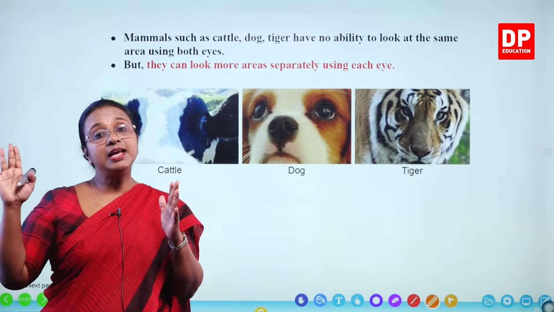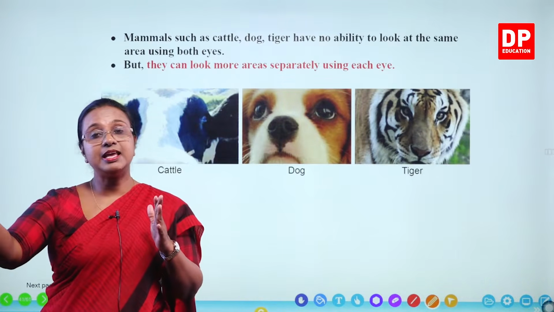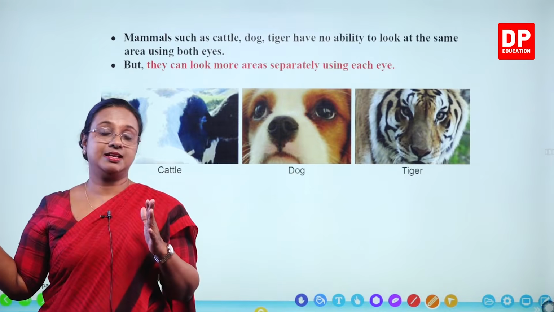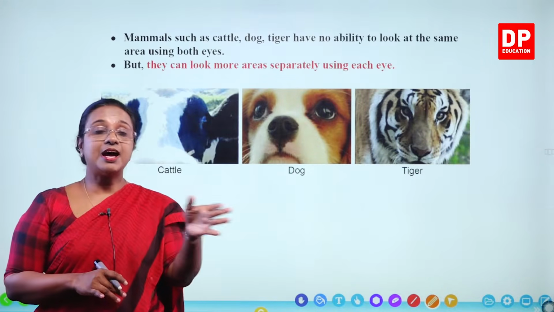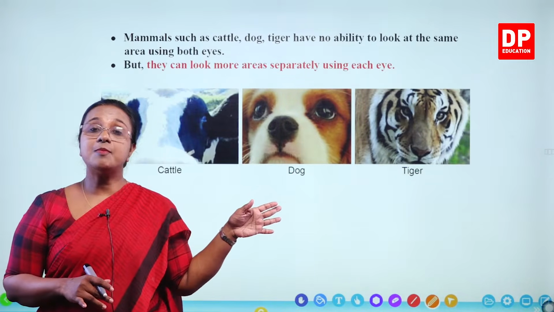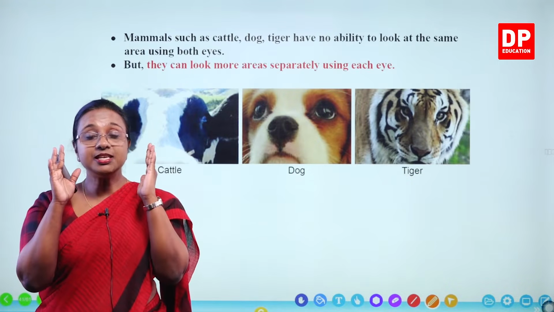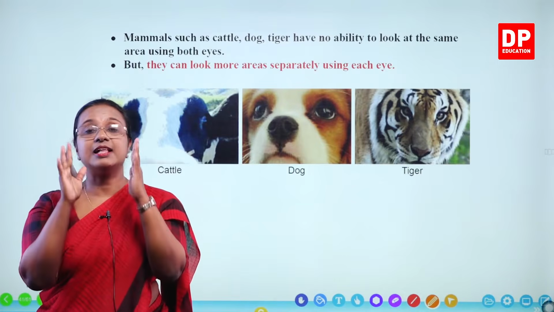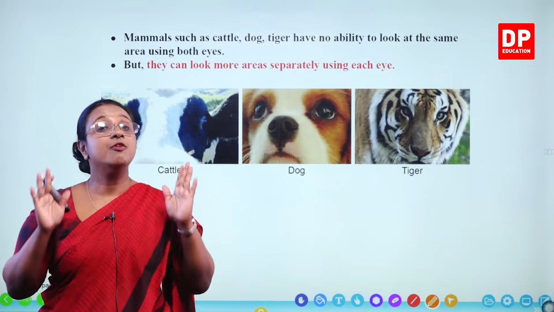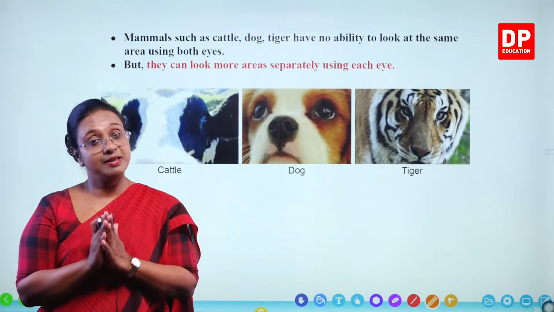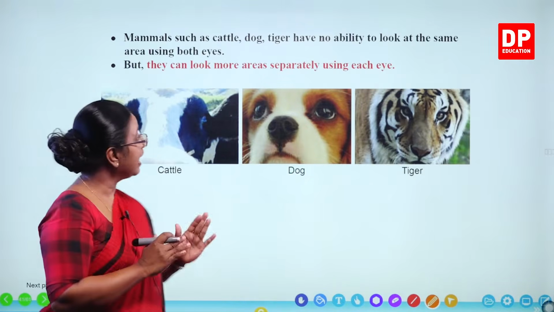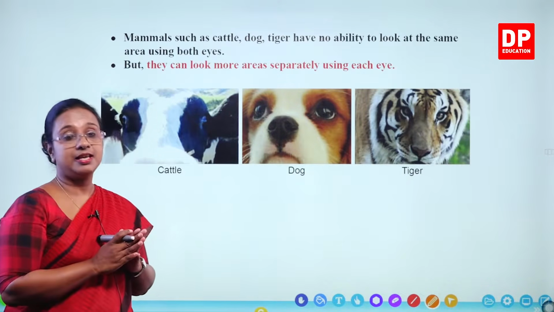So with their right eye, they can see the area on their right hand side. And with the left eye, they can see the area more clearly on their left hand side. They can only see a very small area in front of them with both eyes simultaneously. So that is the difference here.